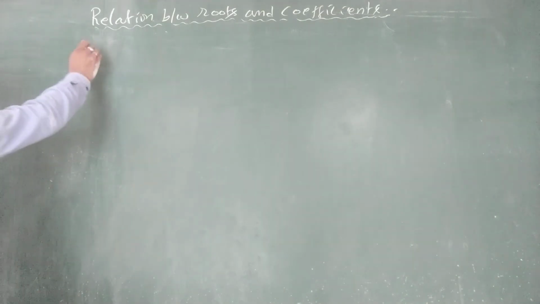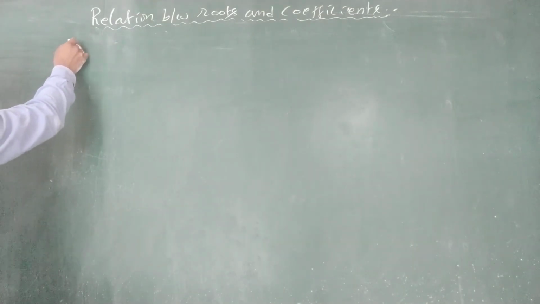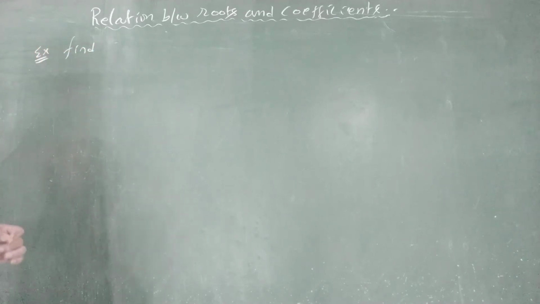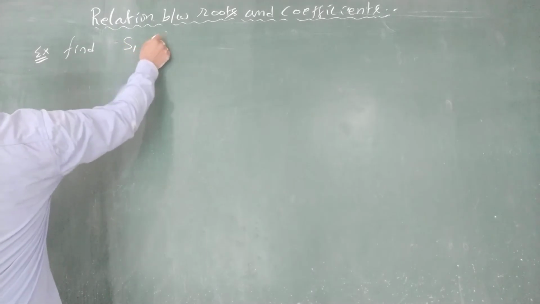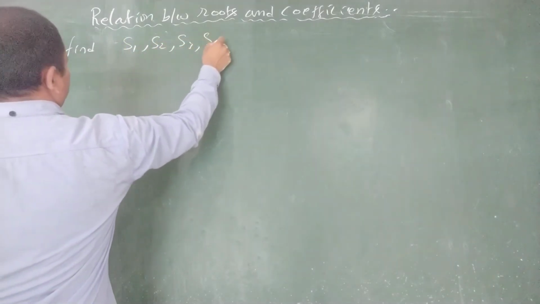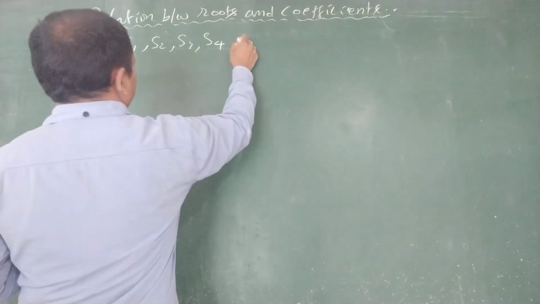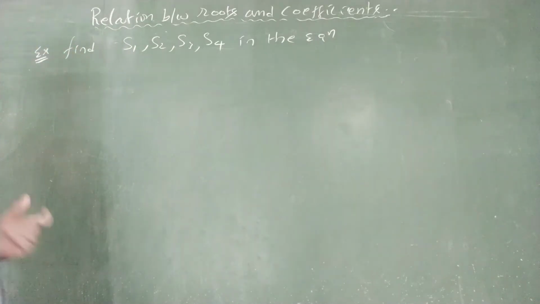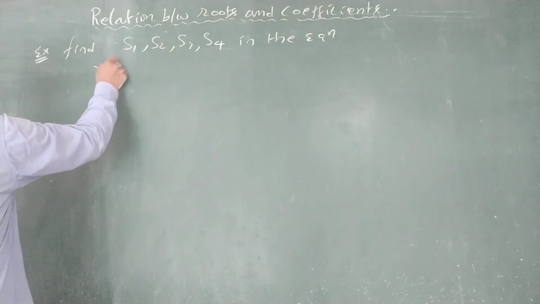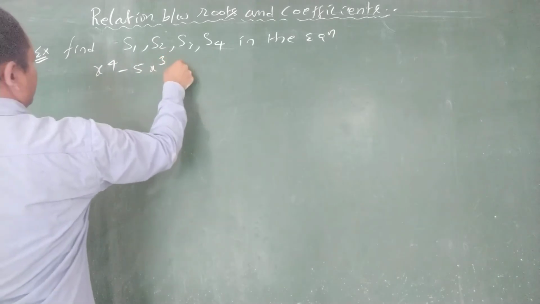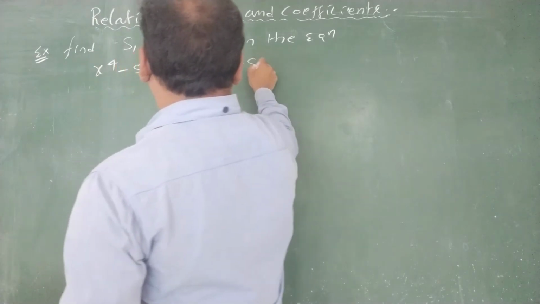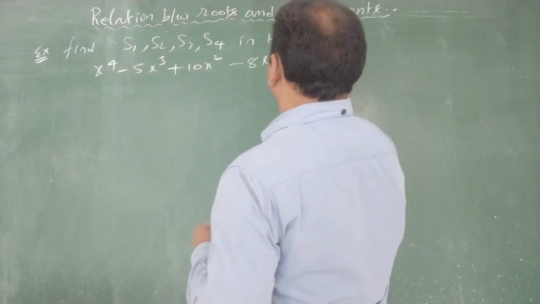Now, the examples on this concept. Example: find s1, s2, s3, s4 in the equation x power 4 minus 5x cube plus 10x square minus 8x plus 7 is equal to 0.